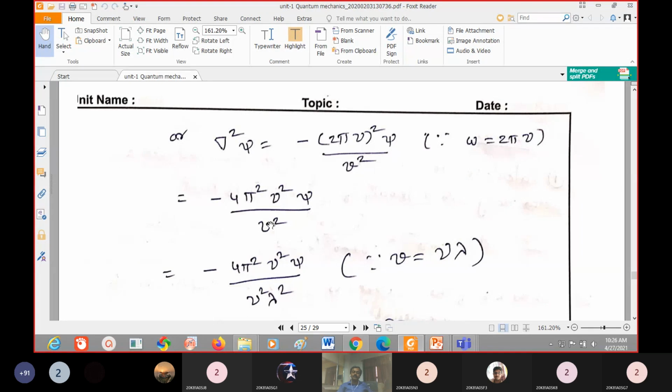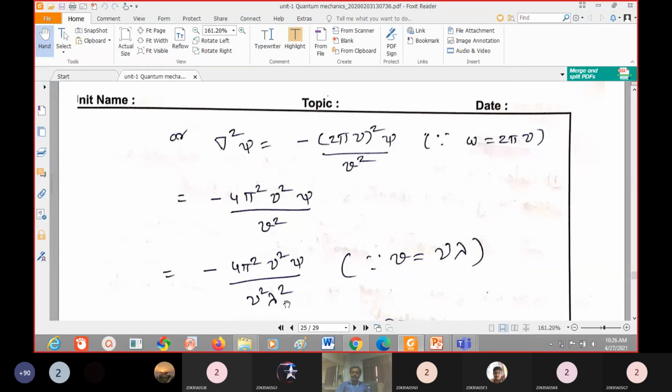There is a relation between frequency and velocity, so I will convert this velocity in terms of frequency. Instead of v, I am substituting here nu lambda, since v is equal to nu lambda.